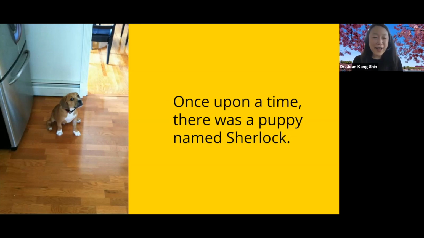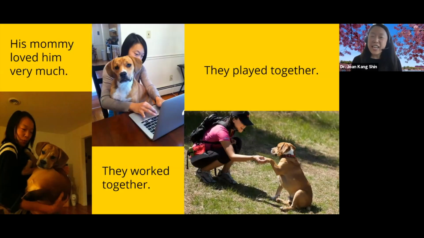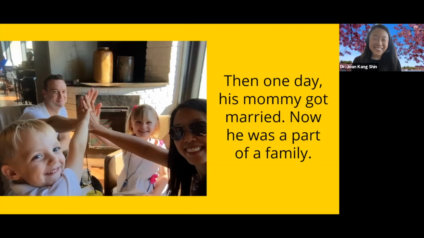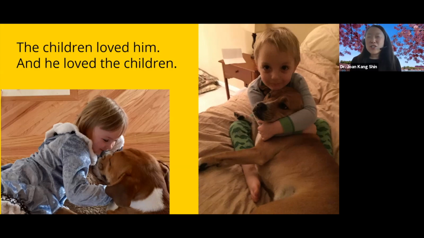Once upon a time, there was a puppy named Sherlock. His mommy loved him very much. They worked together. They played together. Then one day, his mommy got married. Now he was part of a family. The children loved him, and he loved the children.